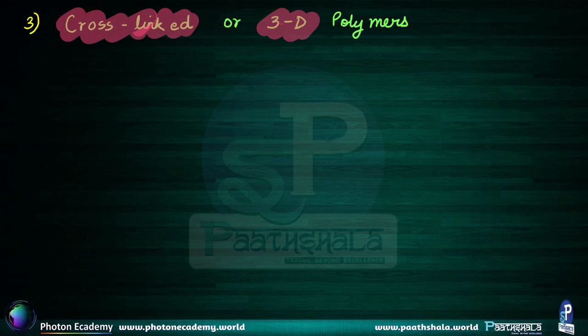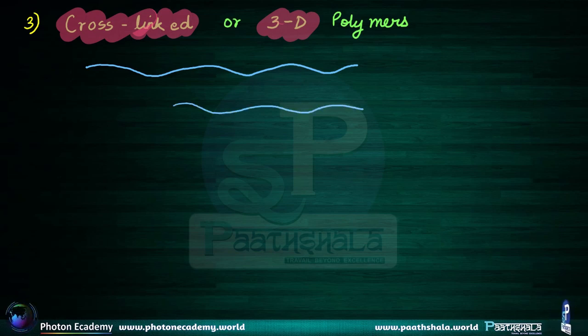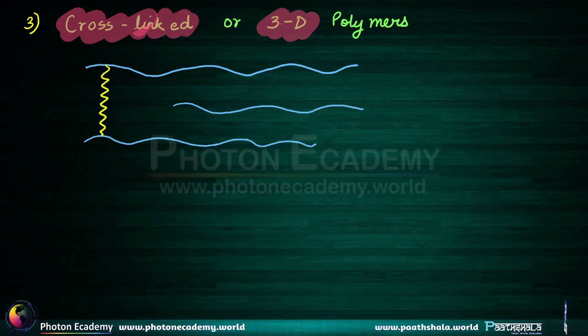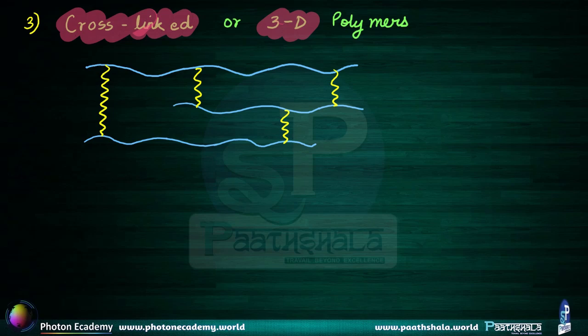Imagine that we have groups like these, and here there is linkage among them. Linkage among them can be depicted as this. So they are all linked to each other. They are branched and they are linked, unlike the branch chain polymers, in which there was only branching and no linkage. So these are the cross linkages, as you can see.